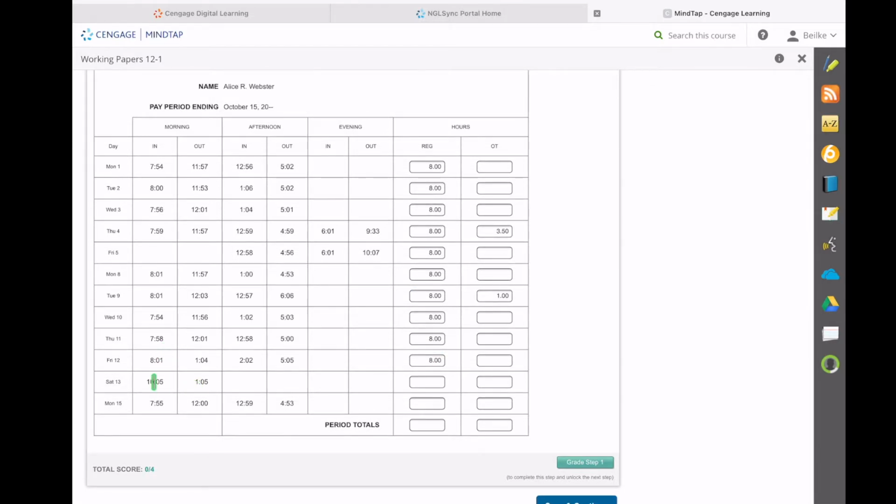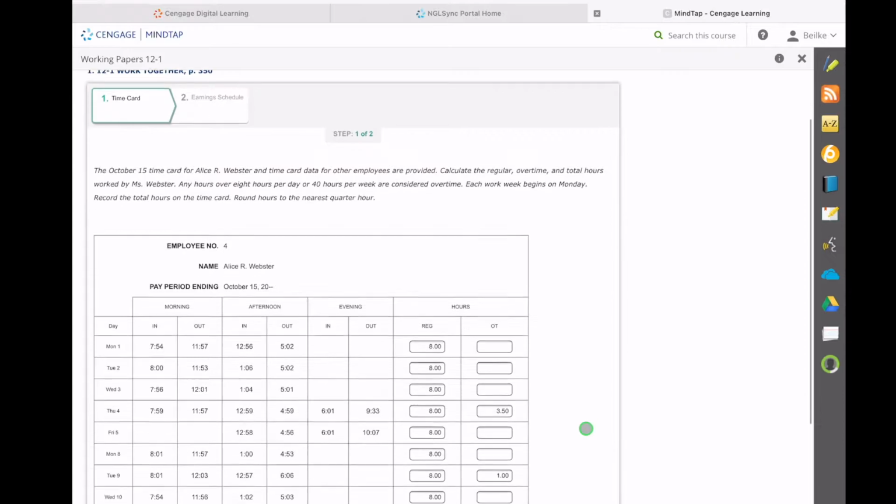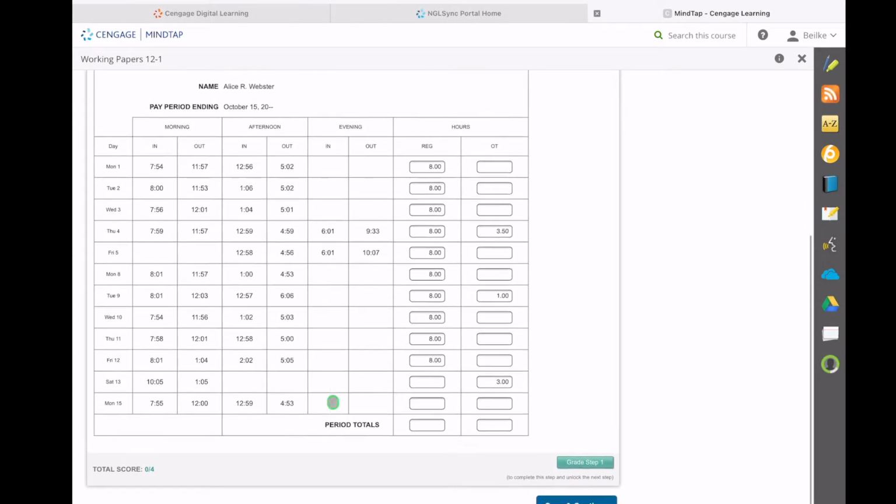Saturday is overtime for them. So from 10 to 1 would be 3 hours of overtime, because in the directions it says that. Okay, then on Monday from 8 to 12, 1 to 5 would be another 8 hours.